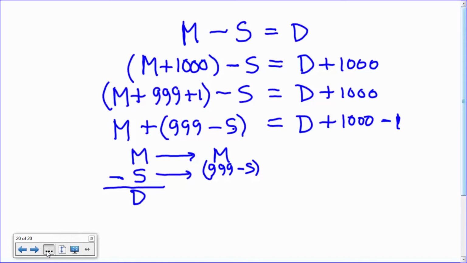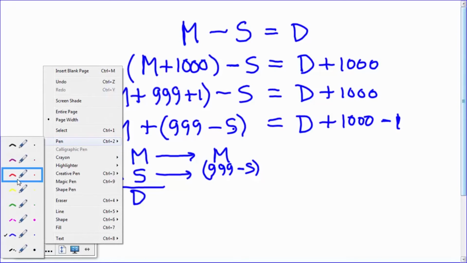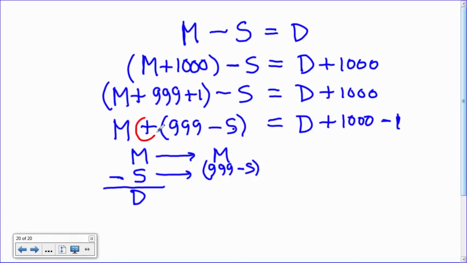And notice this operation right here, that's addition. So I'm taking the original minuend, and I'm adding to it 999 minus the subtrahend. So this is the step that I'm completing. It's the addition step.